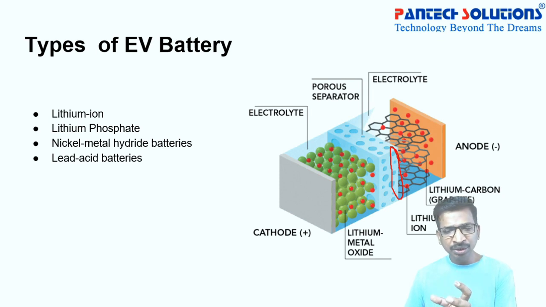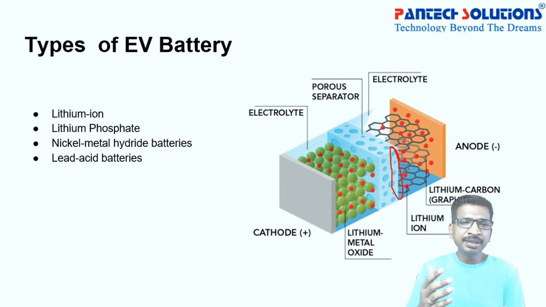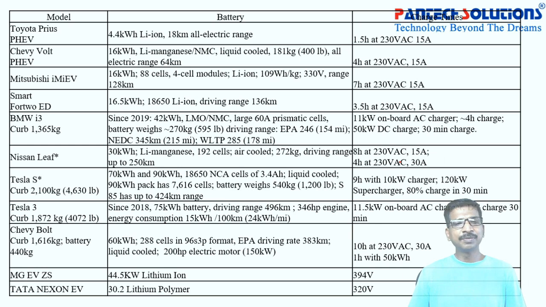Due to that medium, the temperature is highly controlled. Due to the advantages of temperature control within this battery, lithium ion and lithium phosphate have occupied this entire EV market for the battery segment.